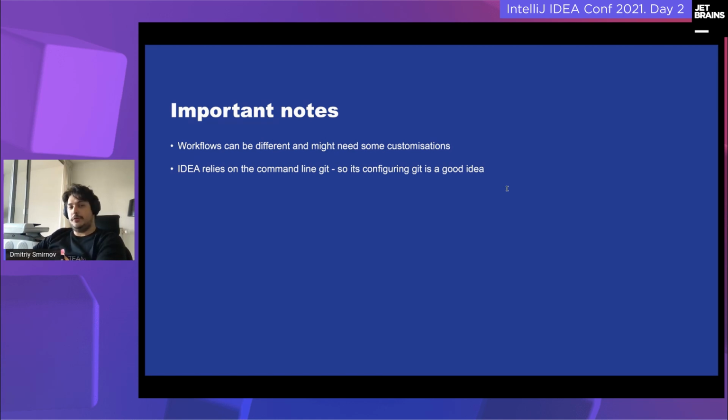If your workflow needs some customizations, just go to the Git config and tell Git to behave like you want, and the IDE would do that as well. Also, there are a bunch of plugins that can bring you missing functionality. So if you want some feature that is not there, go check out plugins that could be really helpful for your productivity.